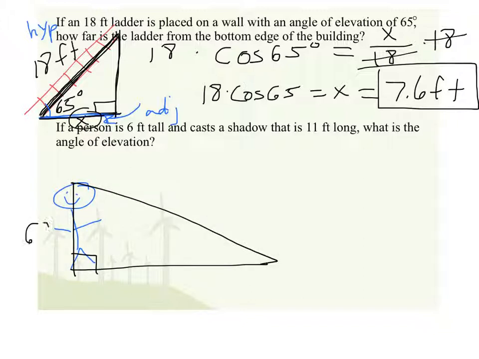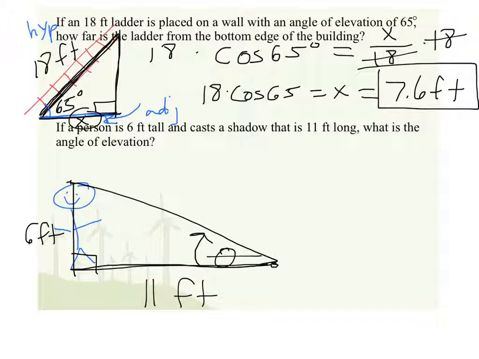The person is 6 feet tall, and the shadow they cast is 11 feet. Remember, an angle of elevation always starts with the horizontal line of sight and then works its way up. Okay, so from the tip of the shadow to the top of their head, what angle is formed by this situation?